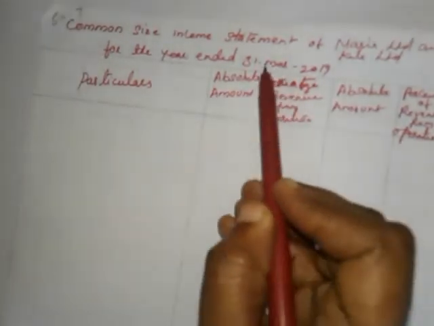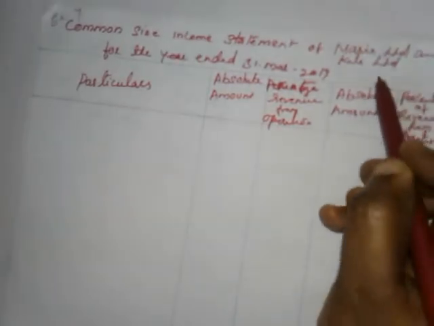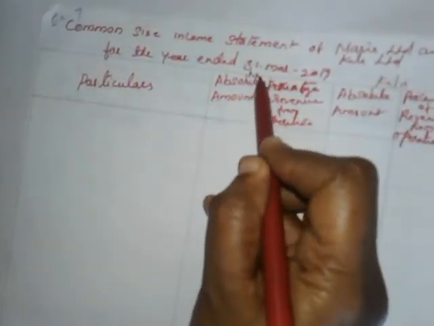Columns: particulars, absolute amount, percentage of revenue from operations, absolute amount and percentage of revenue from operation. Here you write Maria Limited, here Kala Limited.